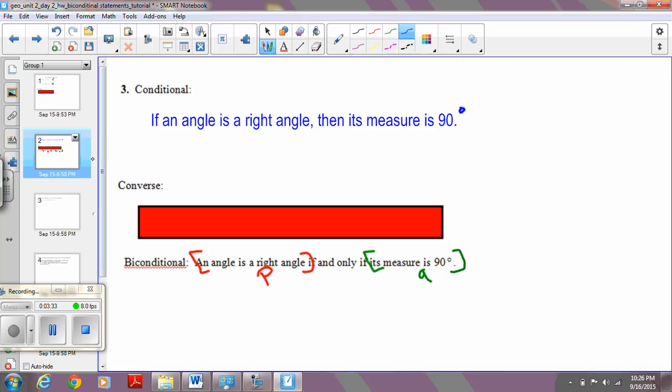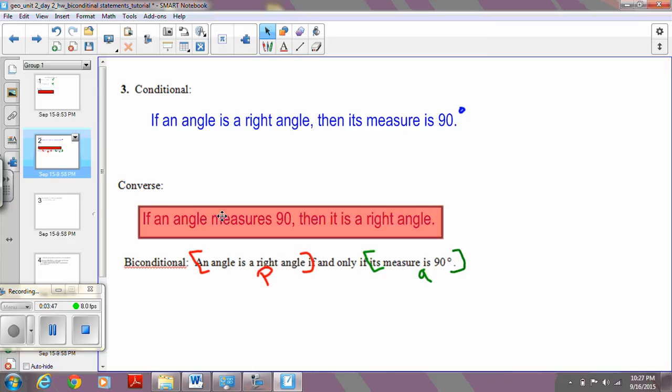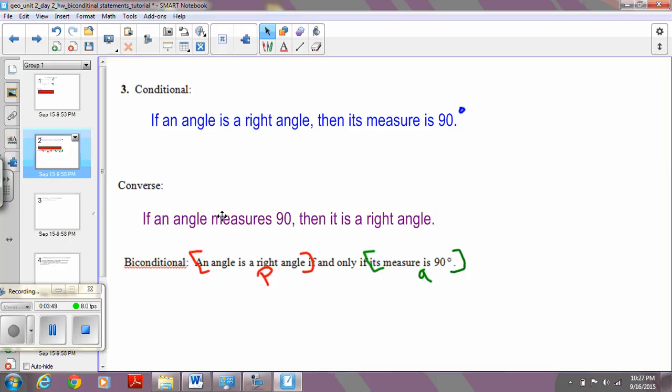And then the converse, again, is simply when you switch the hypothesis and the conclusion. So the converse would read, if an angle measures 90 degrees, then it is a right angle. And there's my degree symbol again.